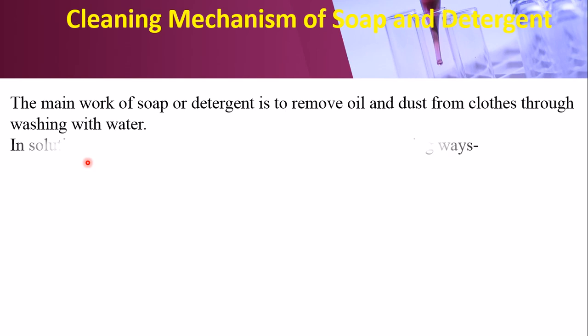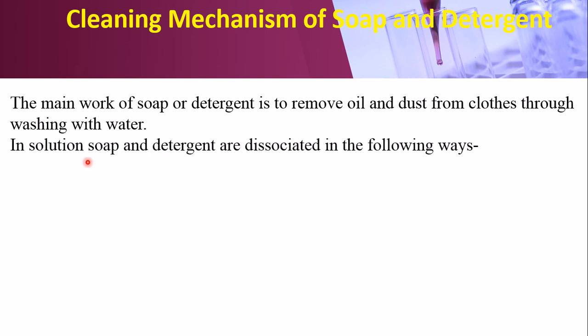Now, when soap or detergent is given into water, then soap and detergent both are dissociated in the following ways. When soap is given into water, it is dissociated into a negative acetate ion and a positive sodium ion.